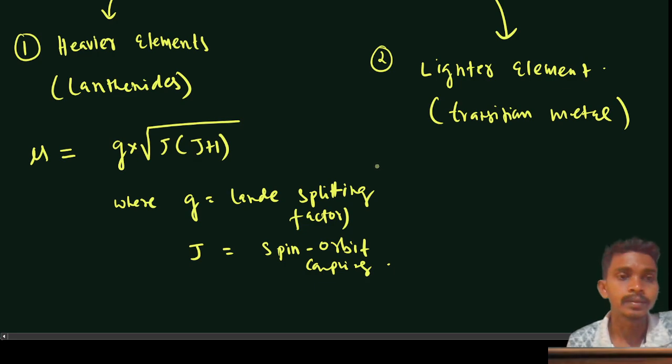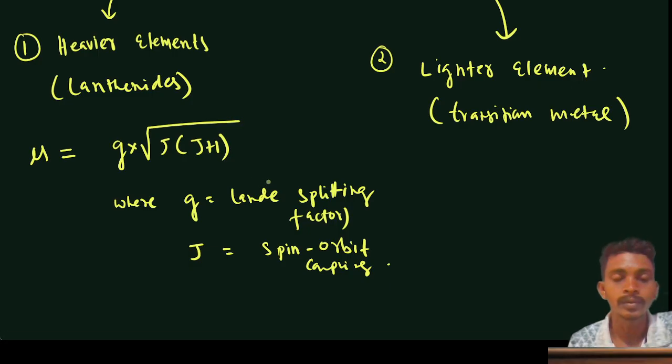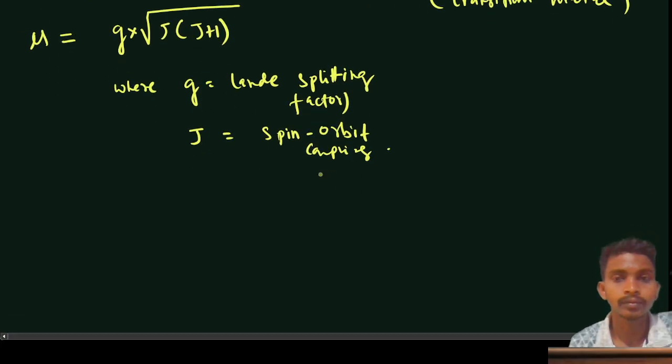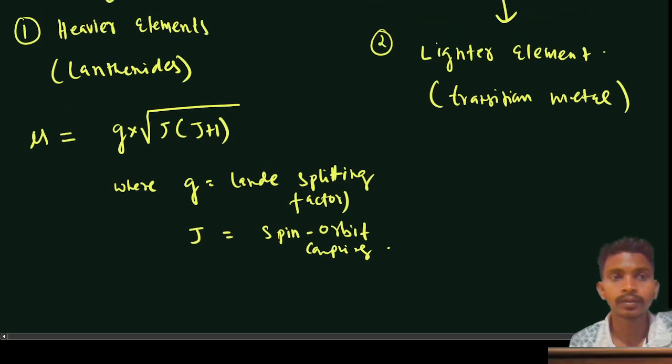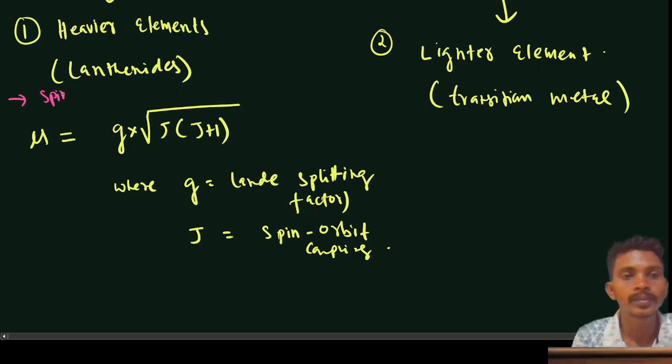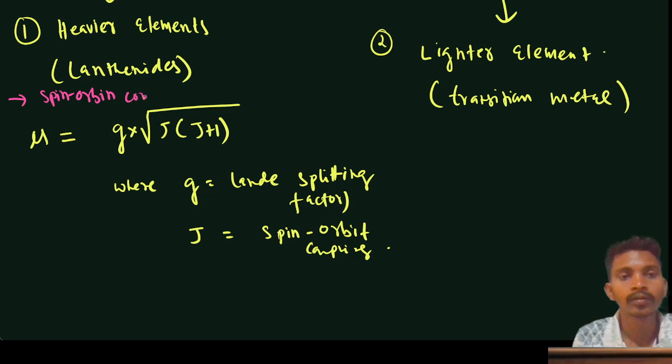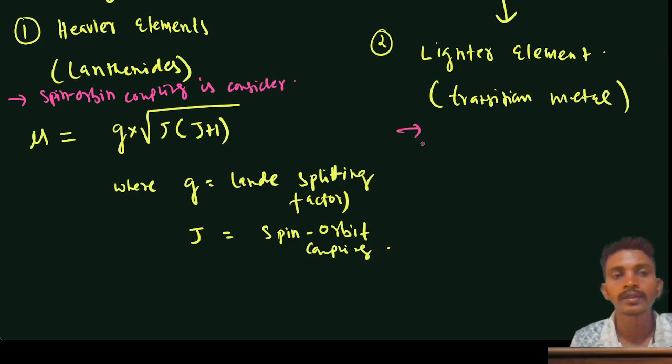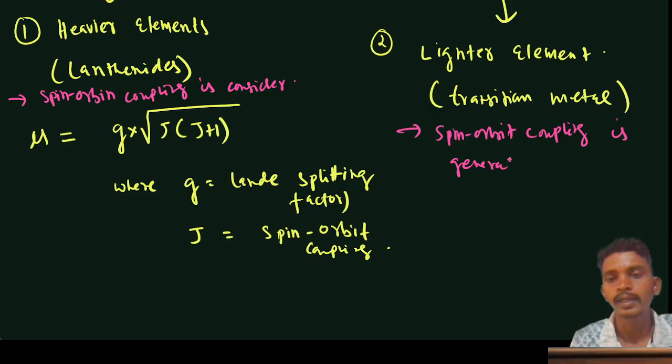Okay, so generally for heavier elements spin orbit coupling is considered, and for lighter elements spin orbit coupling is generally neglected.